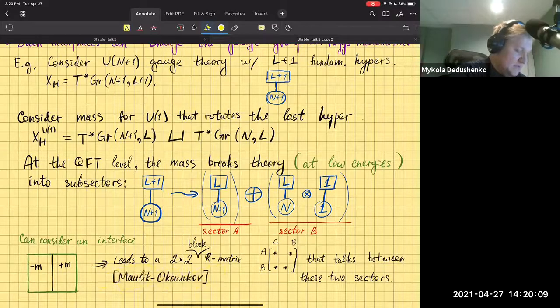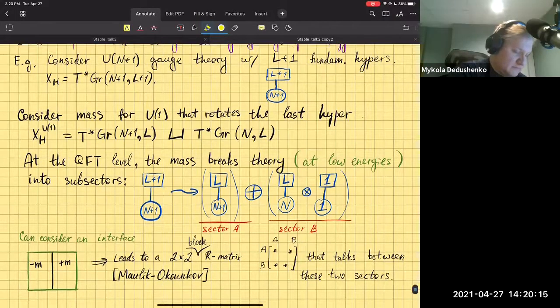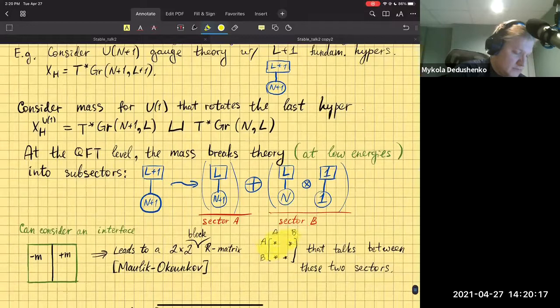And this leads to a certain 2x2 R matrix, or rather block matrix, that is 2x2 in this space corresponding to these 2 sectors, subtheory A and subtheory B. And this interface where the masses exchange allows to talk between these. It talks between these 2 subsectors.